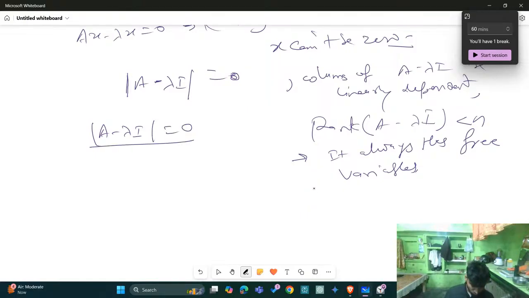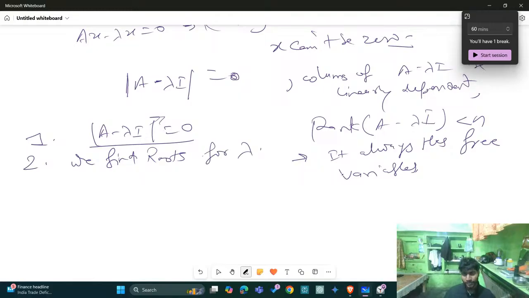Then we solve this and we find the roots. This is step 1. Step 2, we find roots of the polynomial. We get the polynomial from this, and in terms of lambda, we find roots for lambda.